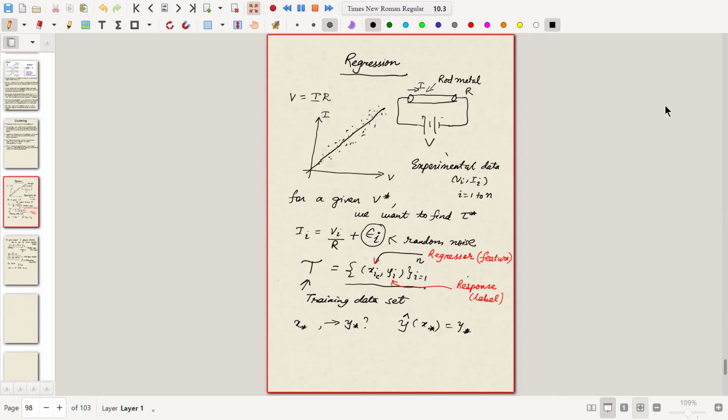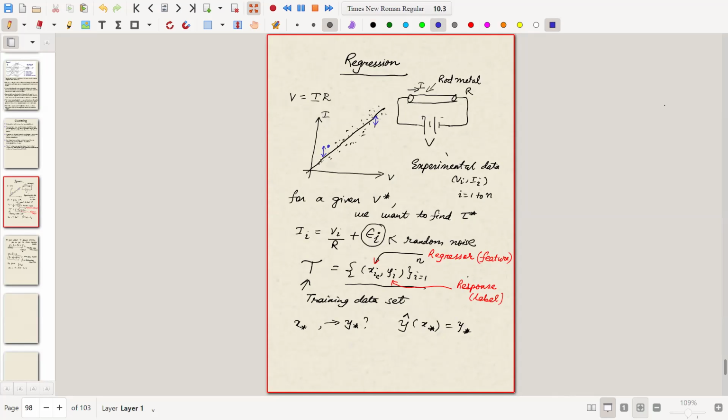We want the set of parameters where your error will be minimized. What is that error? These are your data points, and you see there is some difference between this data point and the regression line. All these differences are considered and summed up together.